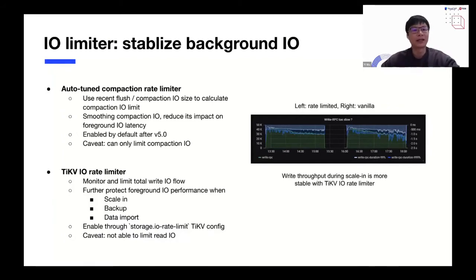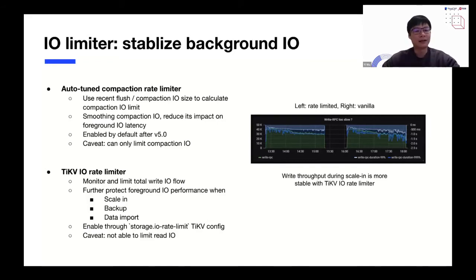So as a result, we worked on two optimizations to mitigate the problem. One is the improved RocksDB compaction rate limiter, which monitors the history of flush and compaction I/O and uses that to smooth the I/O for the background compaction. By doing so, instead of having a spiky compaction, we make it run more smoothly and reduce its impact on the foreground I/O.